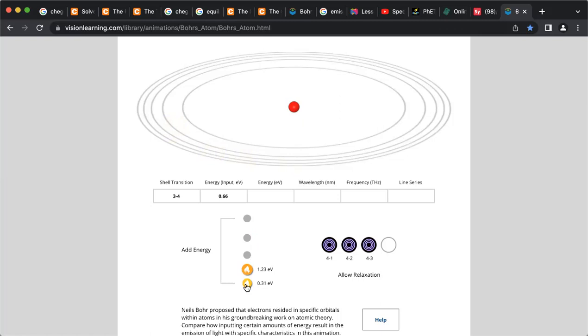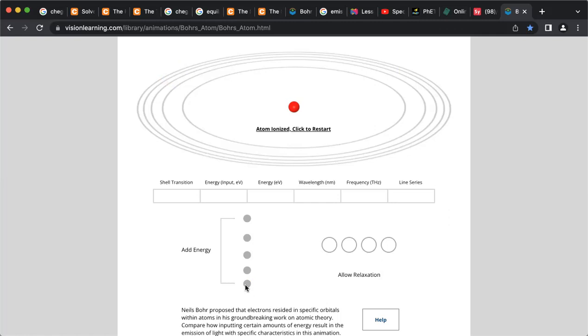And if I want to go to the last level, 0.31 electron volts, I will need, and look at this, if I add 0.98 electron volts, I form an ionized atom. Now the atom is ionized.